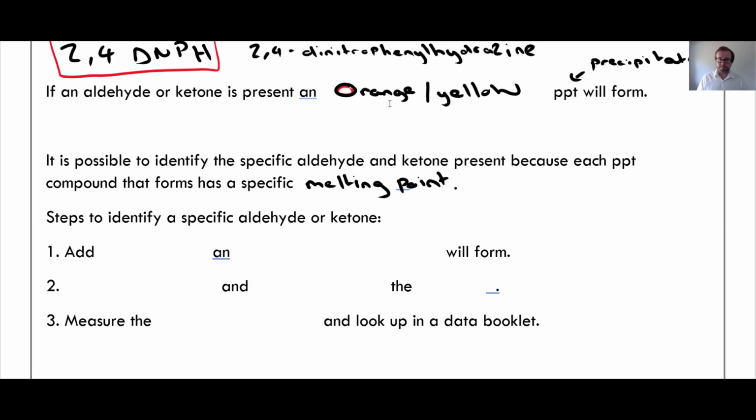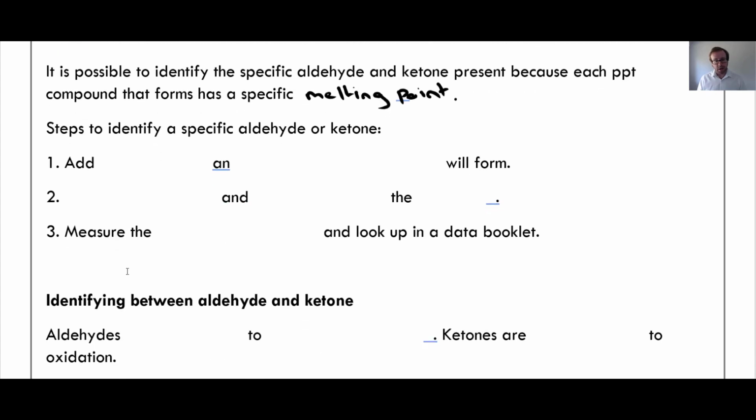Once we've added this 2,4-DNPH to my aldehyde or ketone, it will react to form a precipitate, and these precipitates will all have specific melting points dependent on what the aldehyde or ketone was at the beginning. So if we wanted to identify the specific aldehyde, we could do this by the following steps.